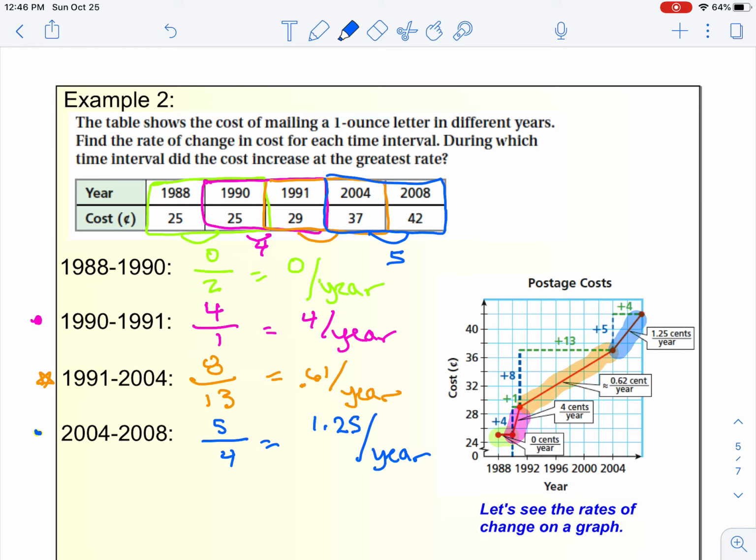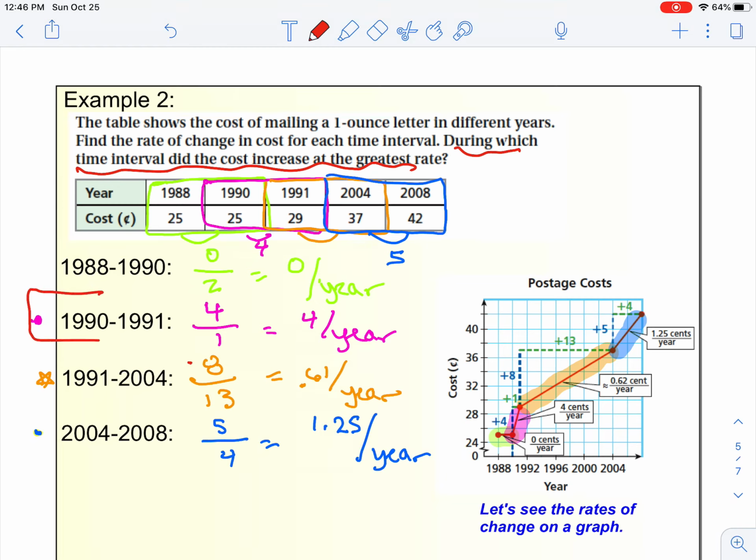So now we need to answer this final question. What time interval did the cost increase at the greatest rate? So which was the greatest increase? Even though 8 right here was the greatest number of cents it increased, that was over 13 years.